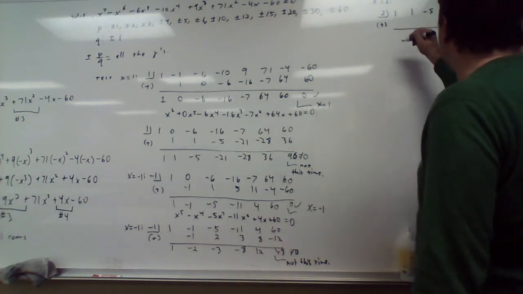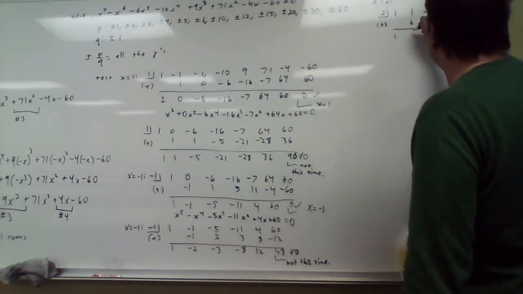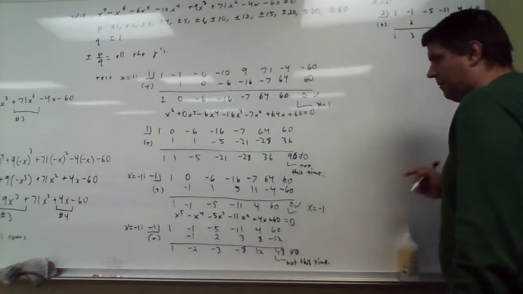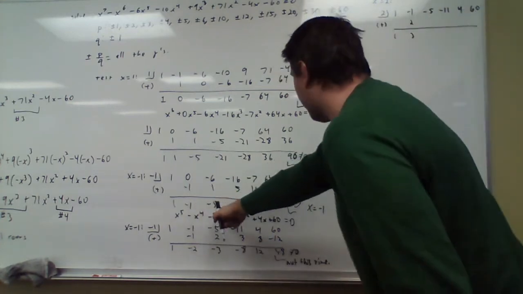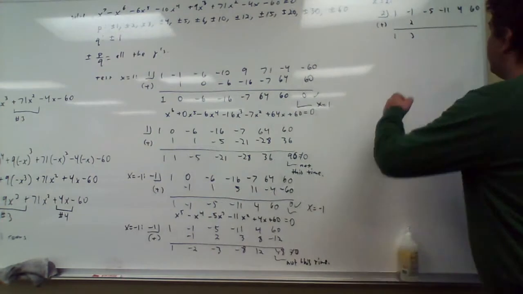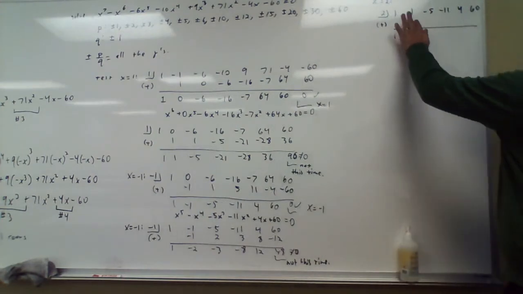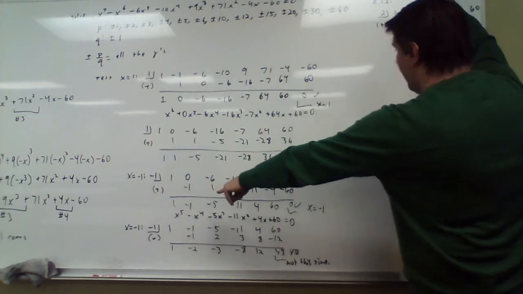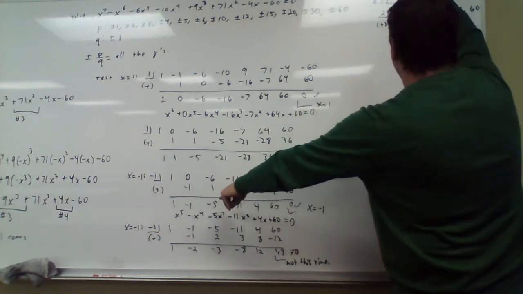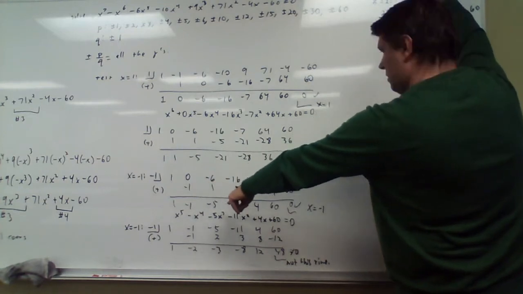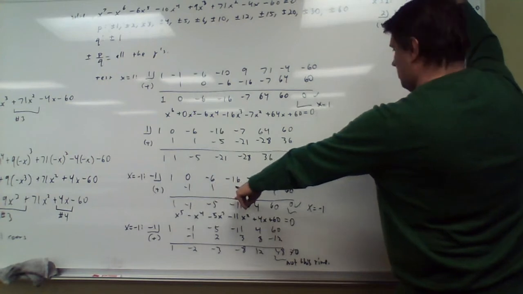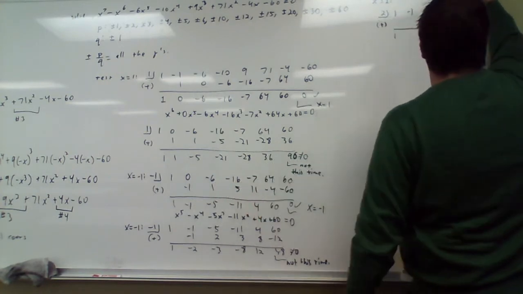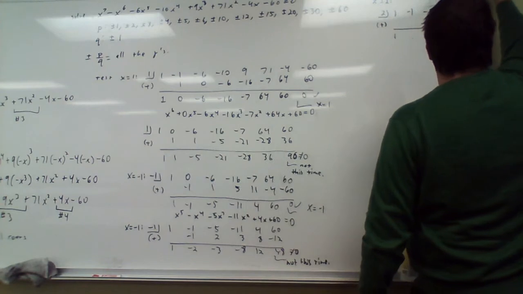So we'll bring down the 1. 2 times 1 is 2. That's 3. Oops, that should be minus 1. Okay, minus 1. I can make sure I copied the rest of it. Okay, so I did. All right, so I'm working on x to the 5th minus x to the 4th minus 5x cubed minus 11x squared plus 4x plus 60.